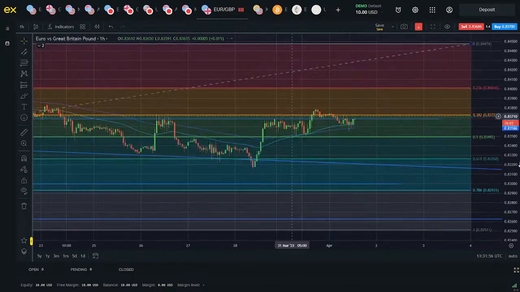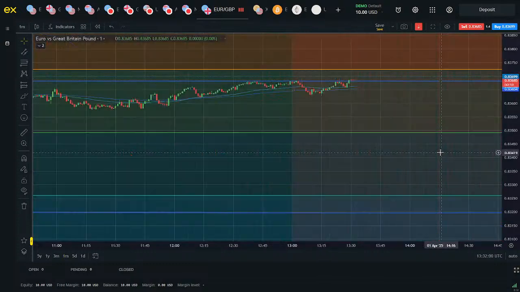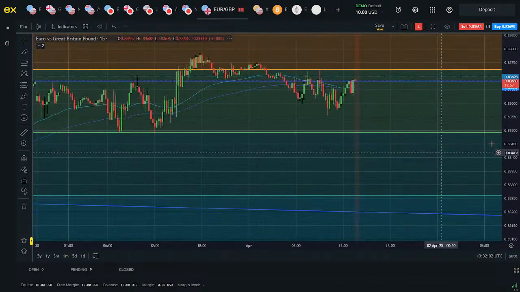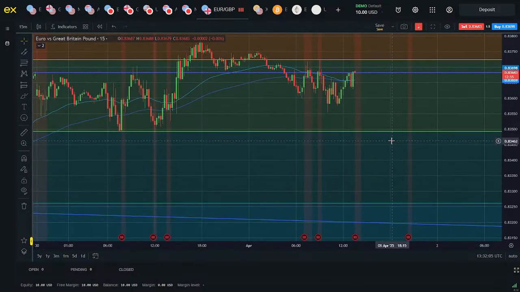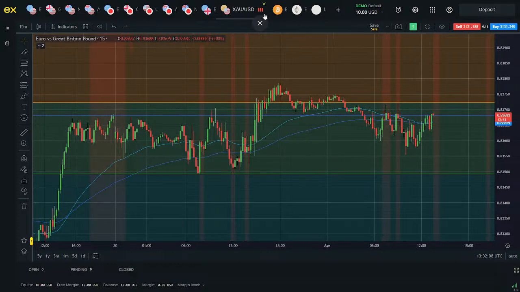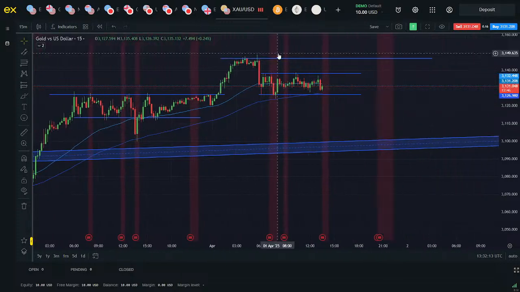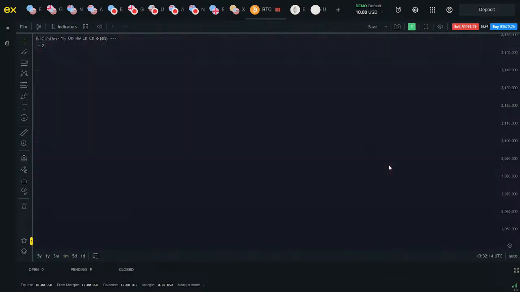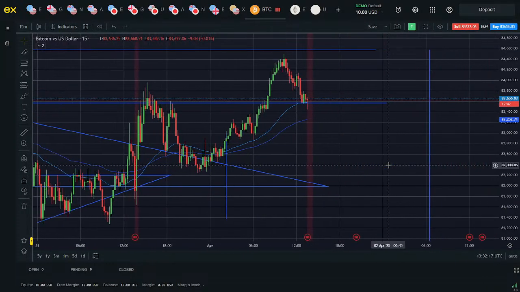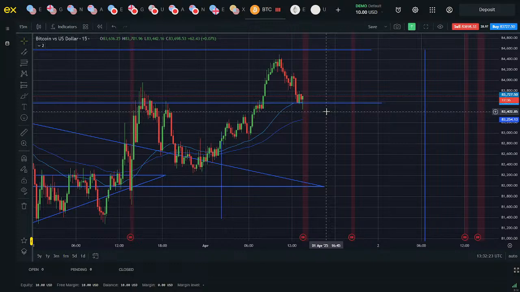And over here in 1 hour, if there is anything in 15 minutes, is there anything? No, there's nothing much happening over here. And if you go for gold at this very moment, it is also sideways. BTC is also not doing much.